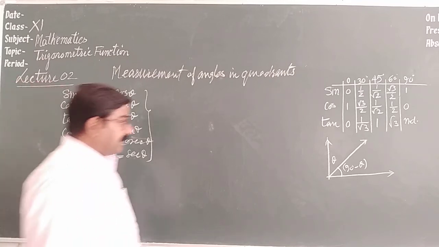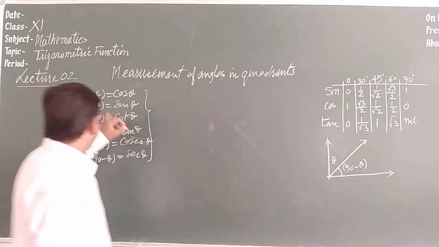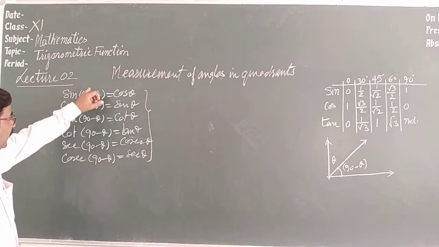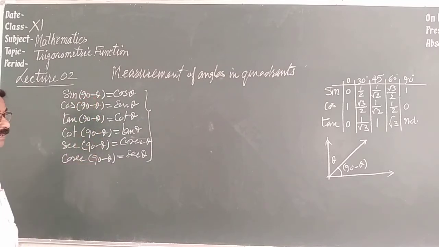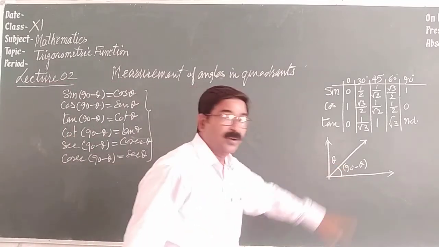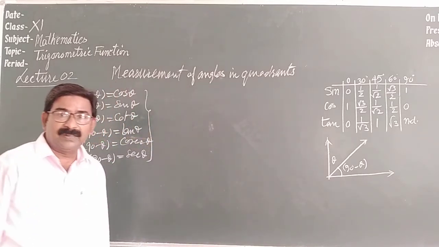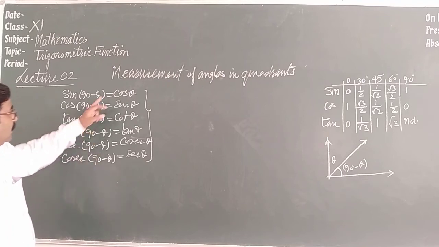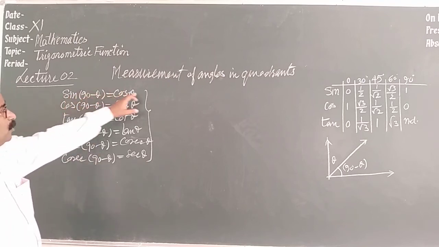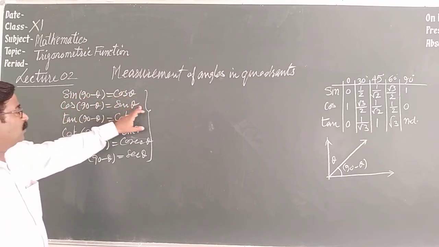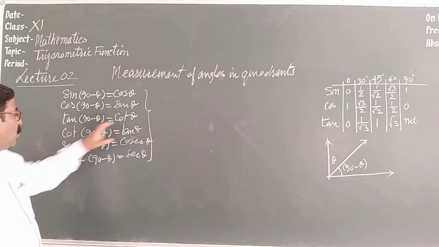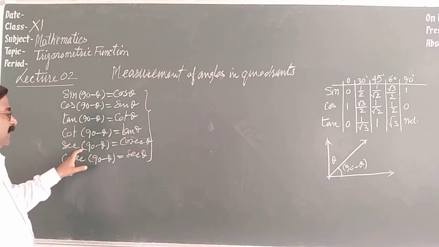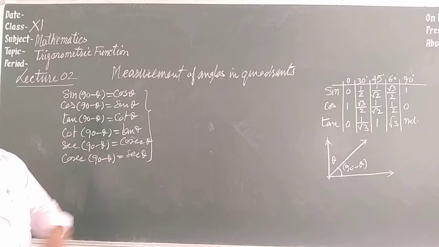And this angle, try to understand, 90 minus theta is in first quadrant. So see, sine is equal to cos, cos is equal to sine, tan is equal to cot, cot is equal to tan, sec is equal to cosec, cosec is sec.